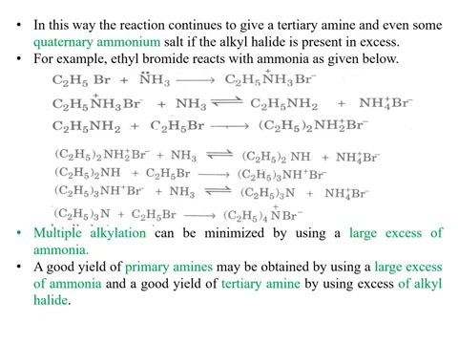This ethyl ammonium bromide can react with ammonia just like ethyl bromide, and we shall obtain ethylamine. Ethylamine will react with ethyl bromide to give another ammonium salt, that is diethyl ammonium bromide. This diethyl ammonium bromide can react with ammonia to produce diethylamine.